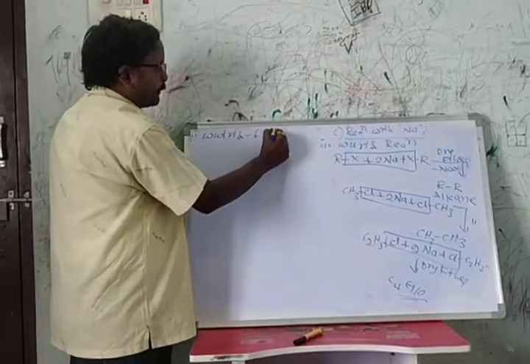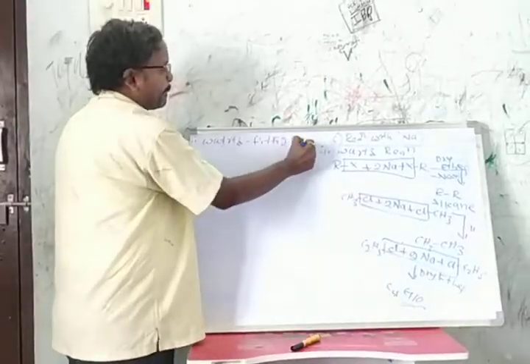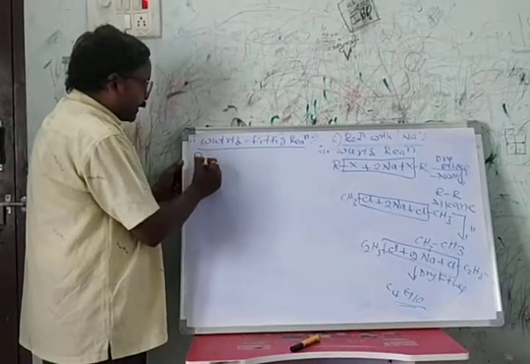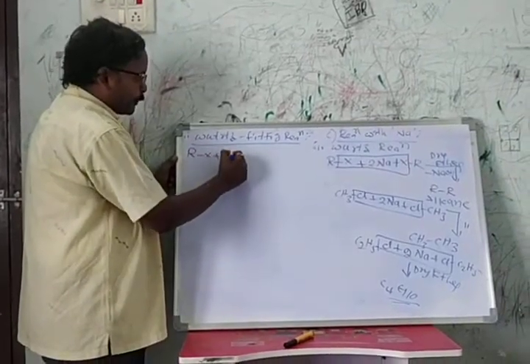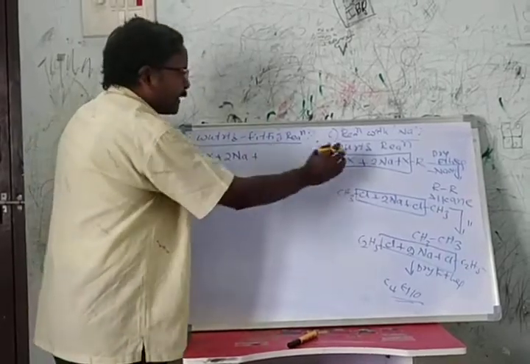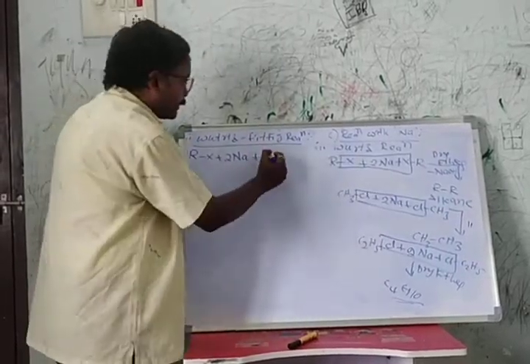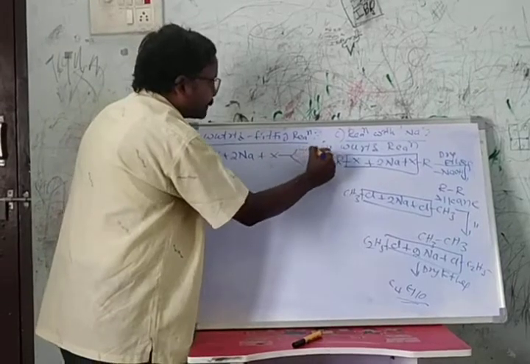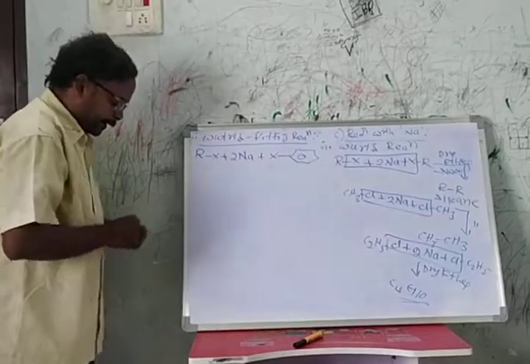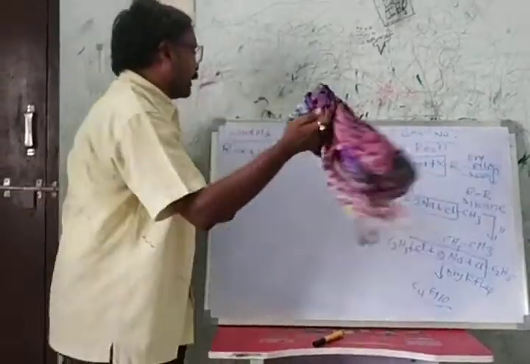What is the Wurtz-Fittig reaction? Take alkyl halide and sodium metal, but instead of one more alkyl halide, you take halobenzene.